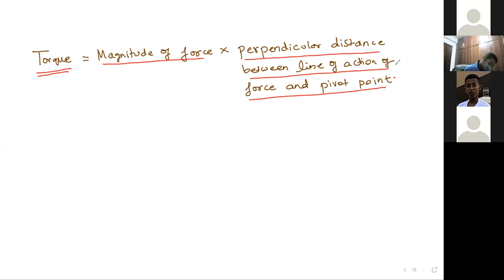What is the meaning of it? I'm sure you must be worried. What is the line of action of force? That's a very simple thing. Let us say the force is like this. So this line along which the force acts is called the line of action of force.